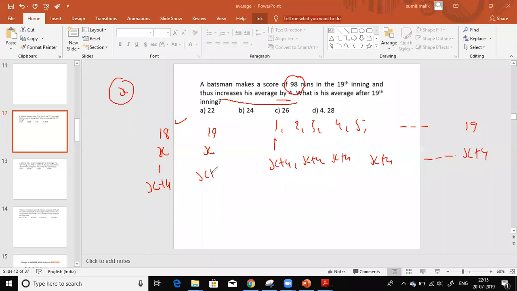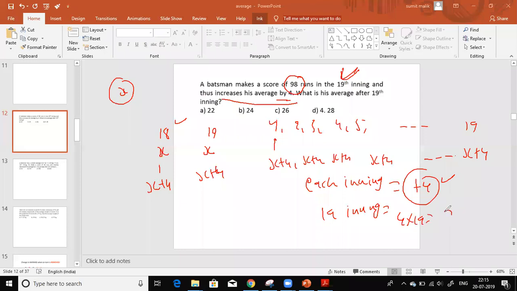Now you tell me one thing. In each inning, how much is he scoring more? Plus 4 extra. And how many innings did he play in total? 19 innings. Each inning he is scoring 4 extra. So in 19 innings, how much has he scored extra? 4 into 19, it means 76.